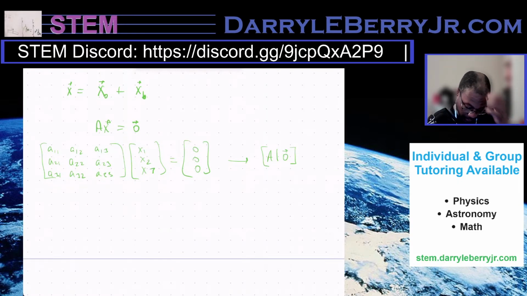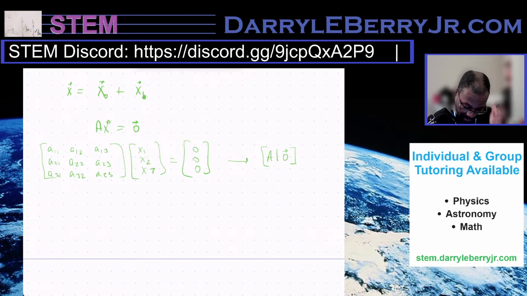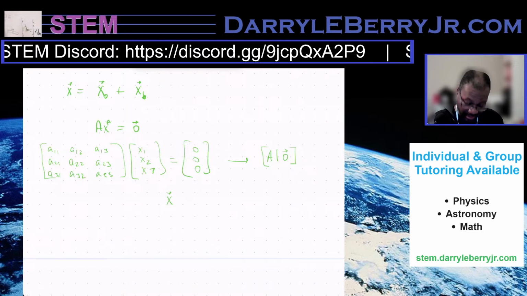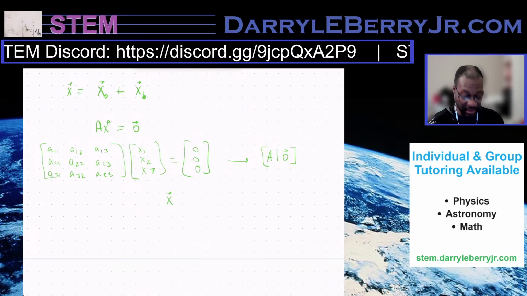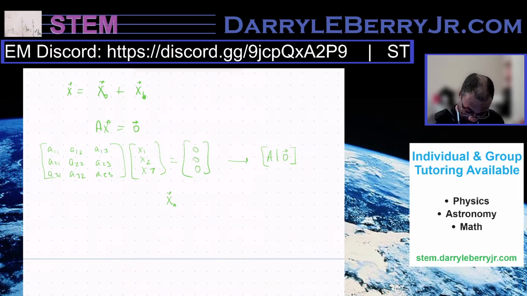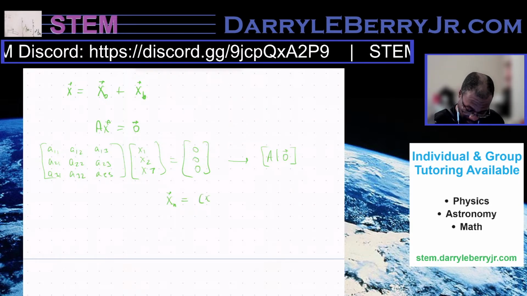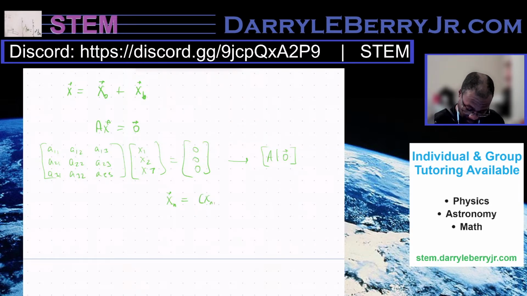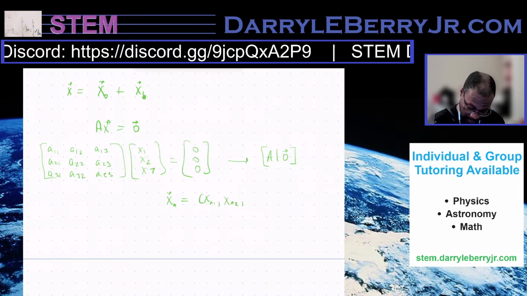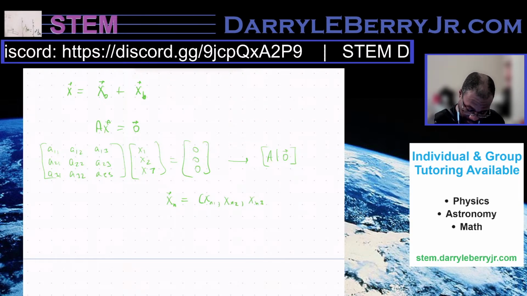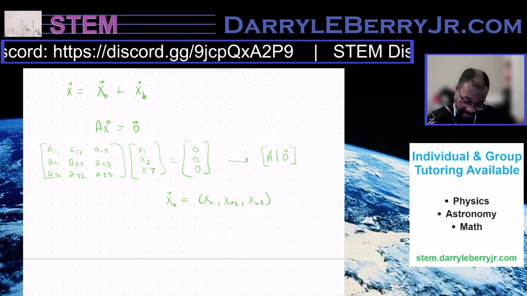And when I do row reduction, I'll end up with an x. I'll call this x_n equals x_n1, x_n2, x_n3. That solves this system for 0.